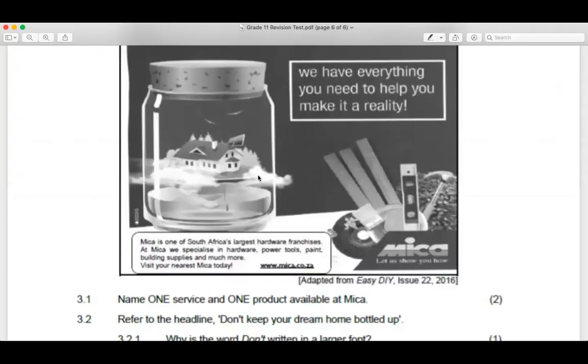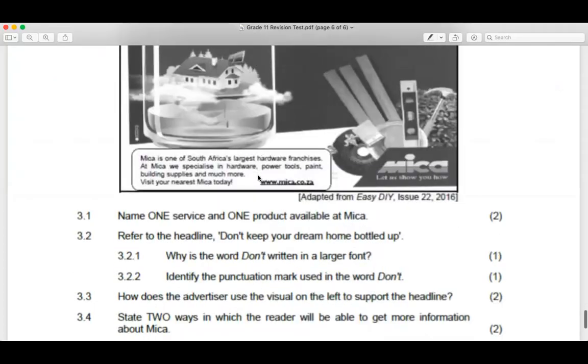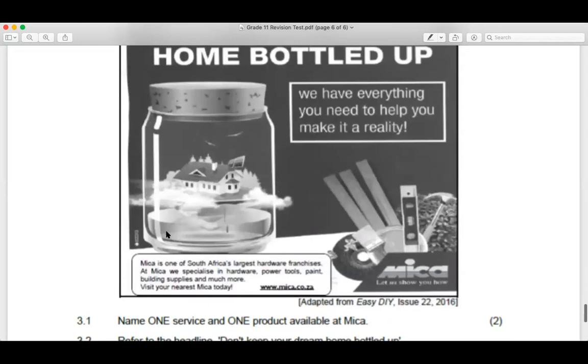So how does the advertiser use this visual here? Very important. The answer there is the visual on the left shows a beautiful home inside a bottle which supports the words dream home bottled up. And if the cork remains on, the dream home will never become a reality.